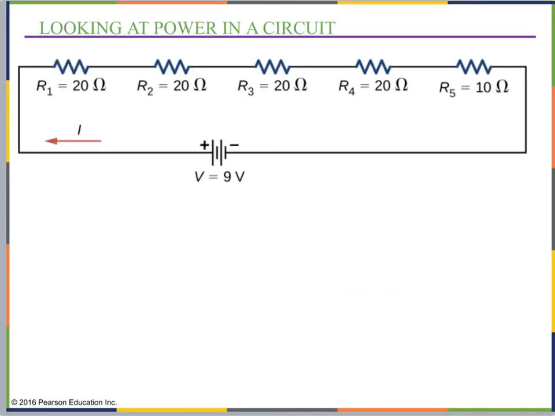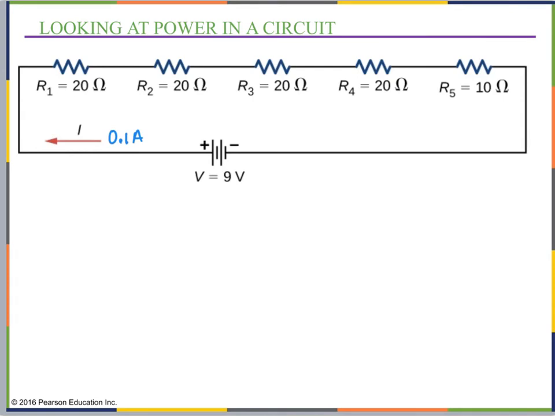So I wanted to look at this example again and look at it from the viewpoint of power. Just to remind you, I found that the current in this circuit was 0.1 amps.